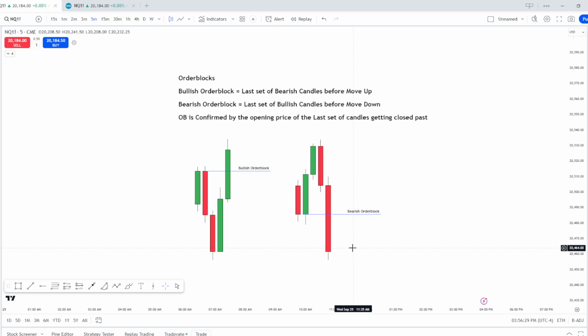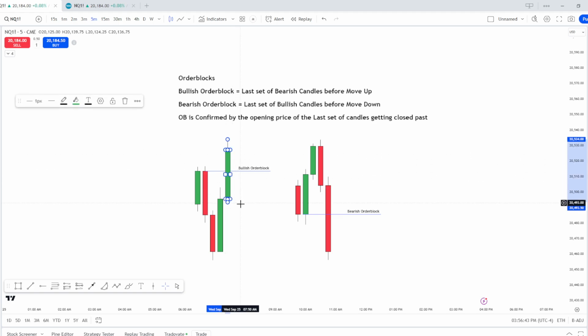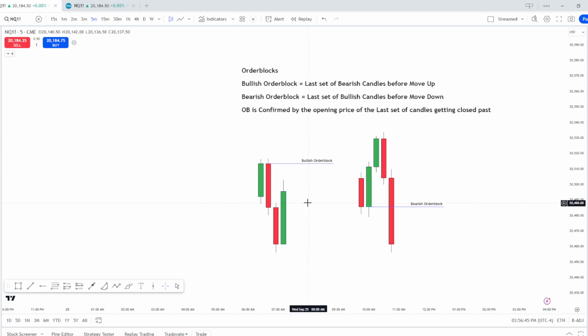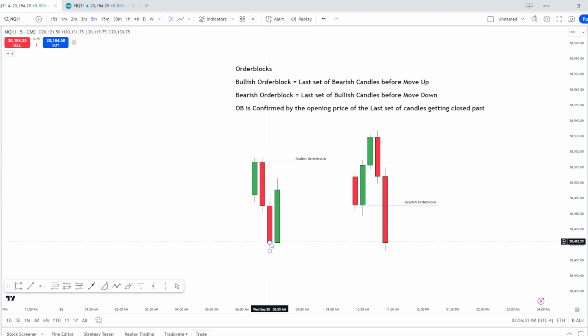The way that you confirm that an order block is actually valid is with the opening price of the last set of candles getting closed past. Right here, if I were to get rid of that candle, we have this opening price of this red candle that made this move down.